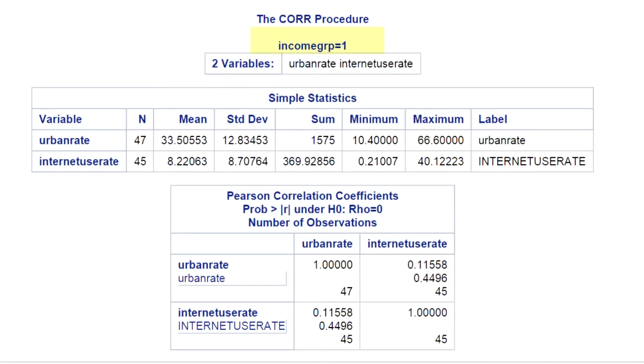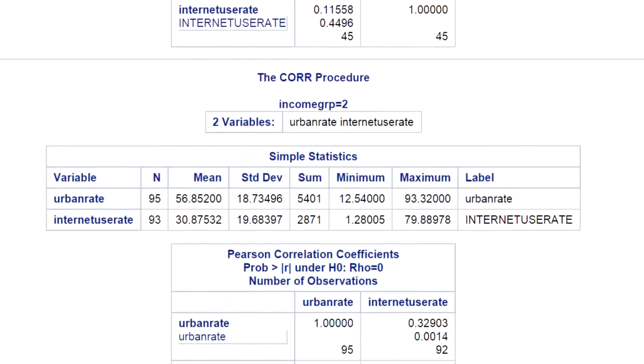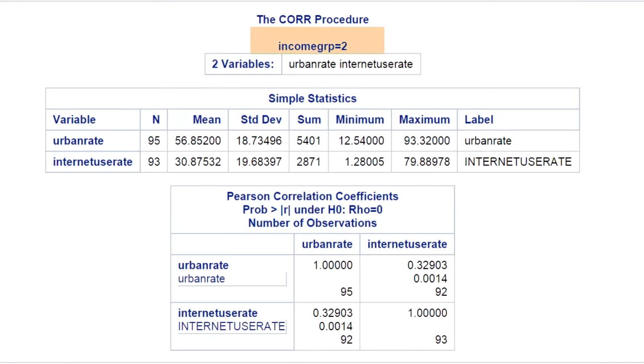When we examine the correlation coefficients between urban rate and internet use rate for each of the income groups, we find the following. For the low income group, the correlation between urban rate and internet use rate is 0.11, and the p-value is not significant. For the moderate income countries, the association between internet use rate and urban rate is 0.329, with a significant p-value at 0.0014.